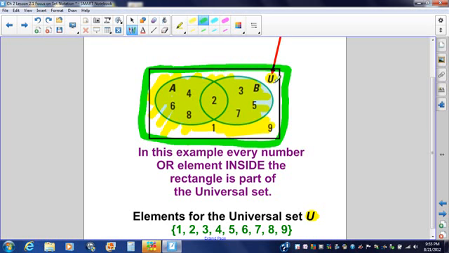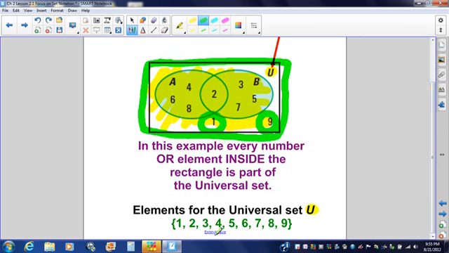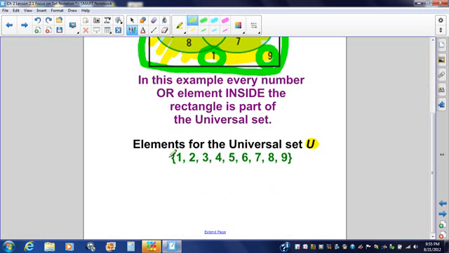So the universal set simply refers to all the numbers or elements inside this box. So the universal set is going to include 1 and 9. And remember, we said that we are going to denote the elements with braces.